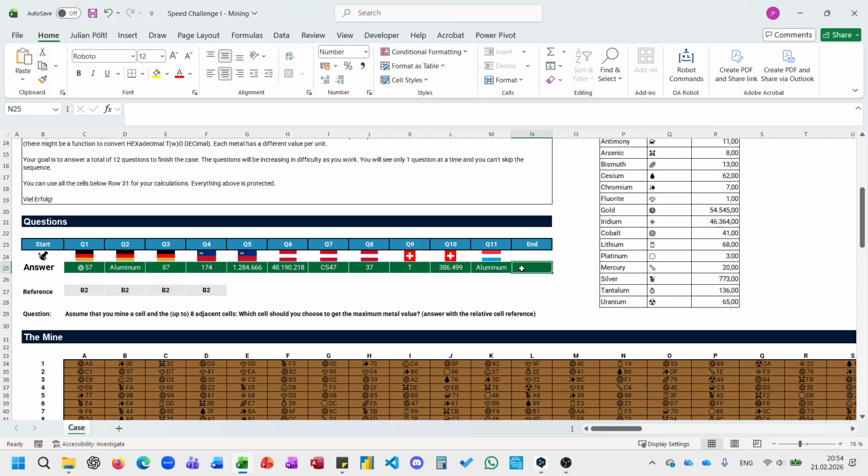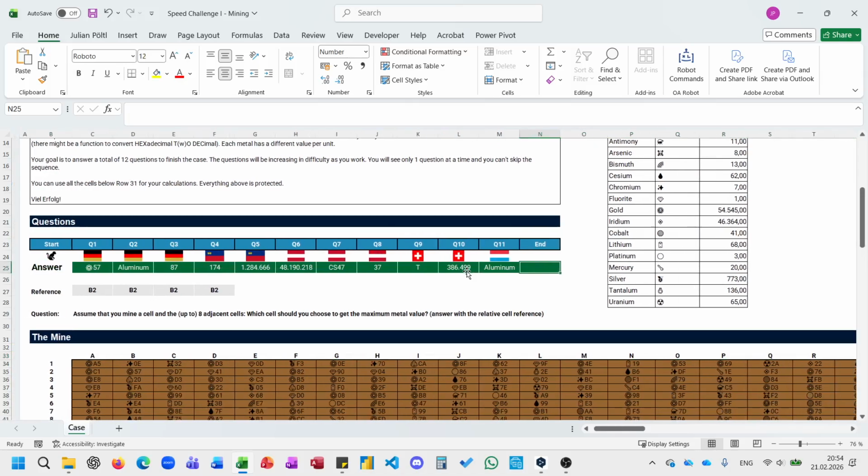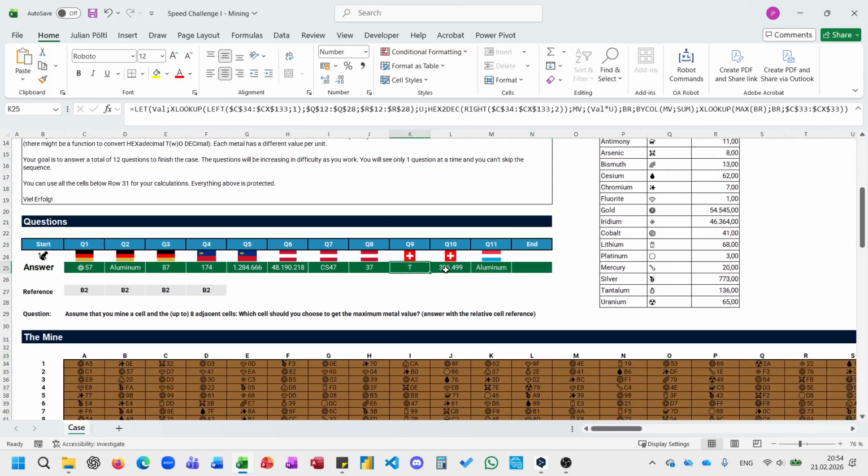So what I did was, because I know these are 100 columns, I used here the MV. So I use this formula here.